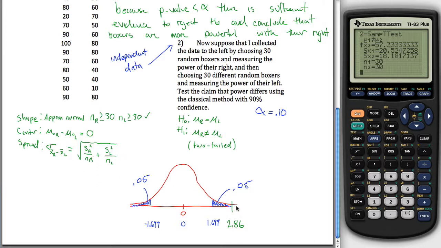All I care is that you have a picture of something like this, and then you say, because the test statistic, which in this case was 2.86, is in the rejection region, there is sufficient evidence to reject the null hypothesis and conclude that power differs between hands.